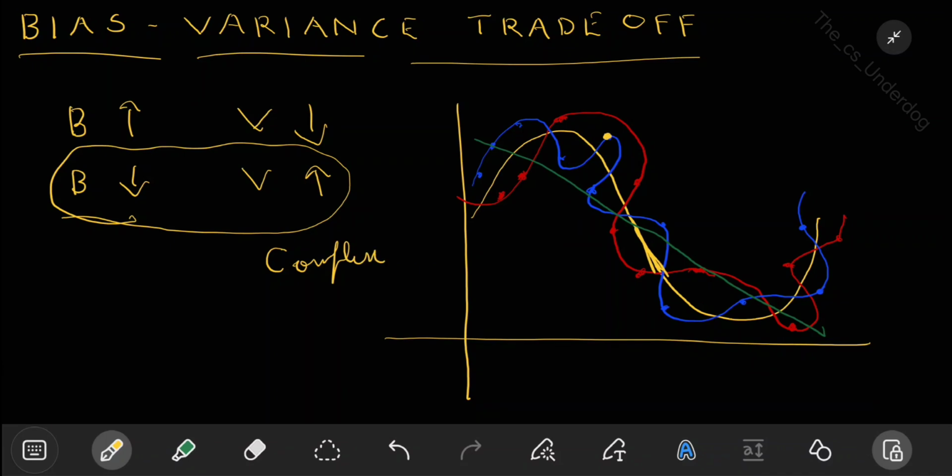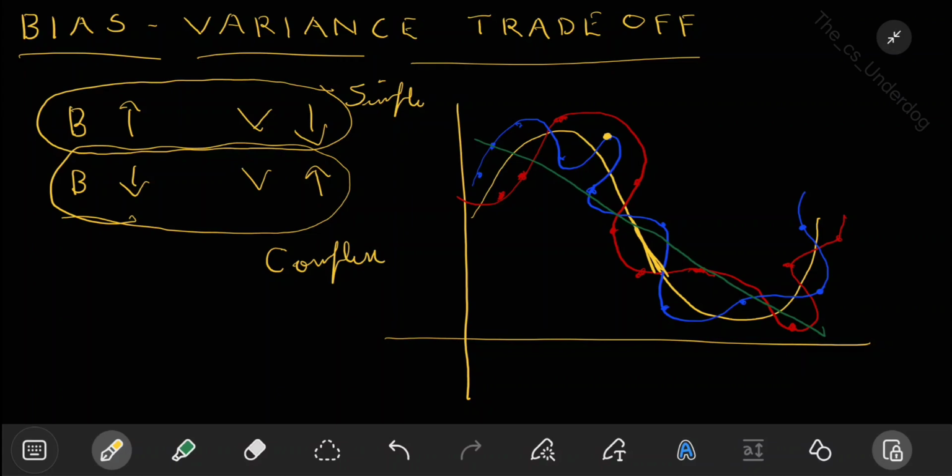The models that you saw in blue and red colors, those are complex models because bias is lower and variance is higher. You can see from the graph itself, it is very complex. It's going here and there, but it's trying to overfit the data. If the bias is high and variance is low, in that case, the model is a simple model. That is the green regression line that we have drawn.